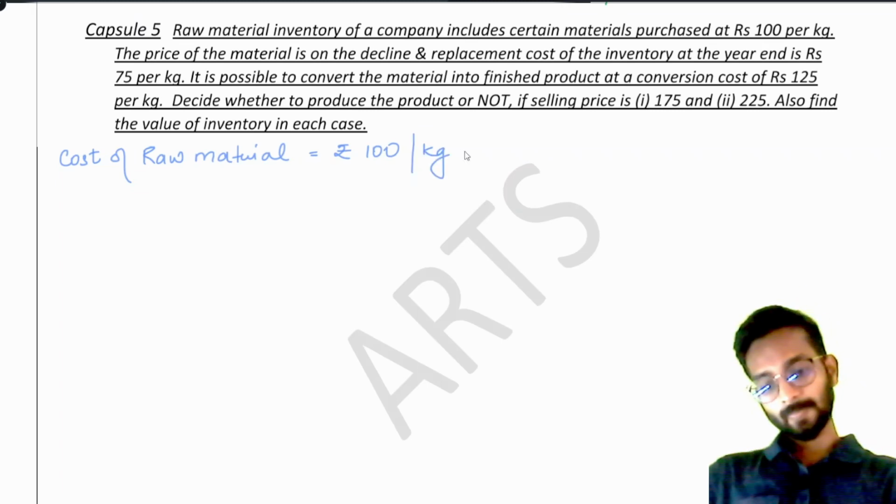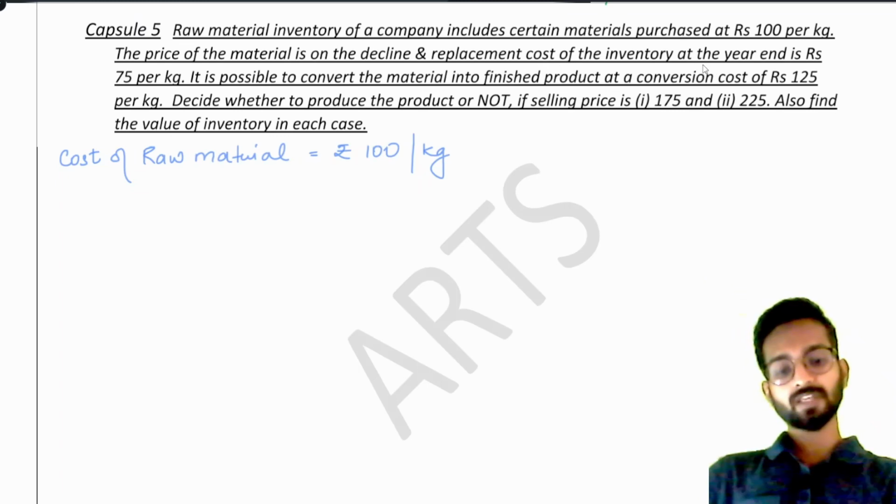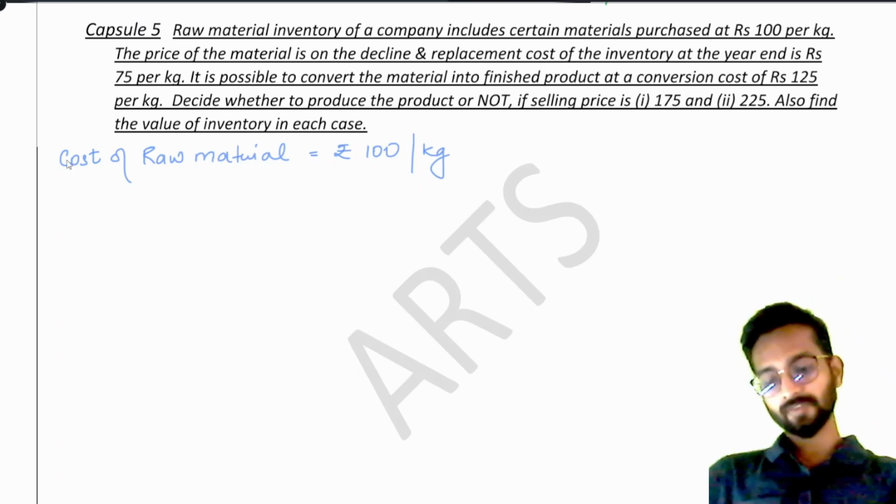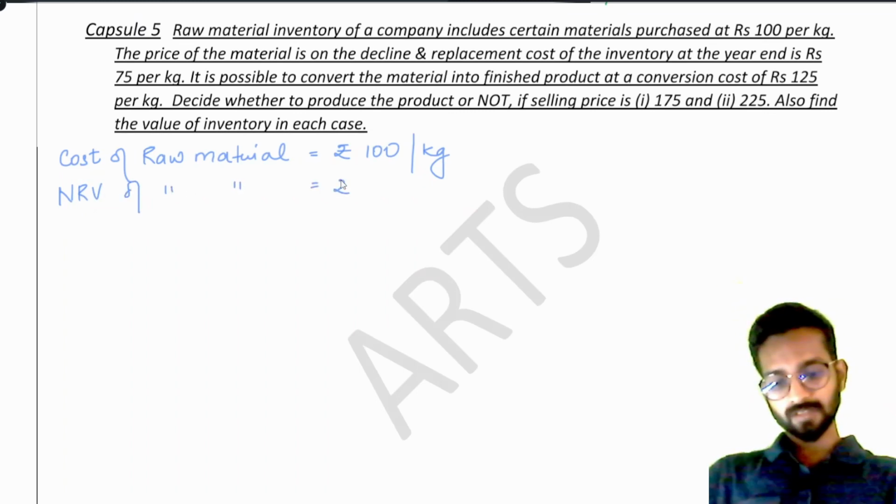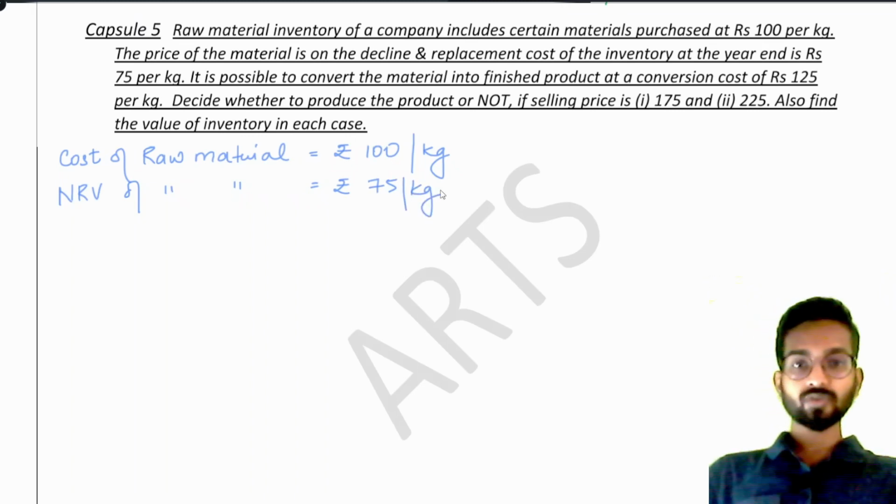The price of the material is on the decline and the replacement cost of the inventory at the year end is rupees 75. It means the net realizable value, that is the market value of raw material, is rupees 75 per kg.